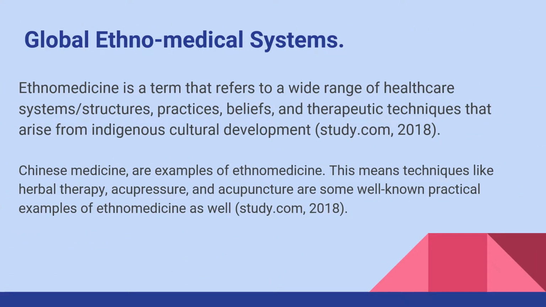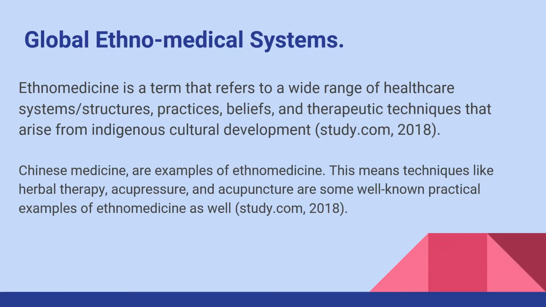Global ethno-medical system. Ethno-medicine is a term that refers to a wide range of healthcare systems, structures, practices, beliefs, and therapeutic techniques that arise from indigenous cultural development. Ethno-medical systems tend to see the mind and body as one entity, and they focus on preventive techniques such as use of massage therapy, exercise, spices, herbs, and food to heal a disease or ill individual.